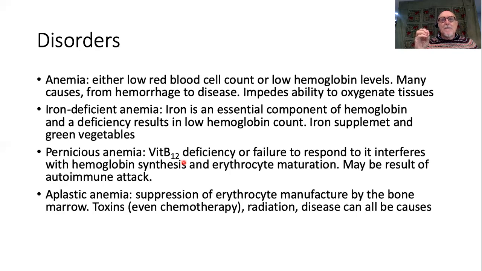examples of pernicious anemia where the person has plenty of vitamin B12, but their body simply can't utilize it. There's a failure to respond, and that is extremely dangerous because it interferes with hemoglobin synthesis in the body.